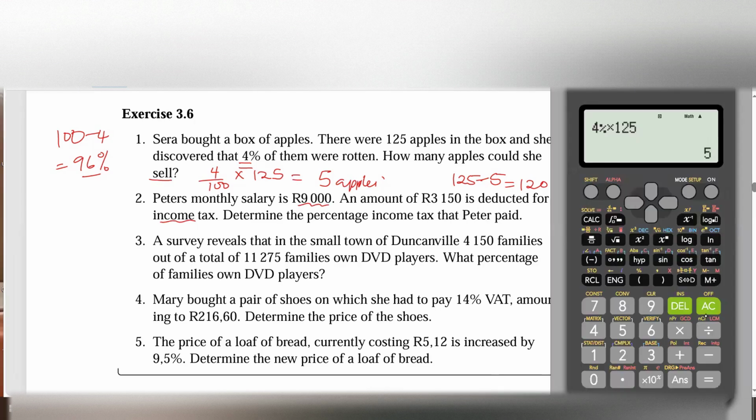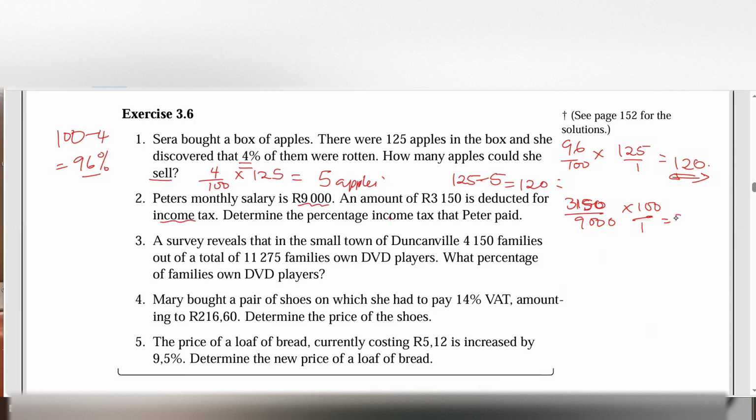Okay, let's see. 3,150 over the 9,000, and then we are multiplying this by 100. We get 35%, which is a very big percentage for tax.